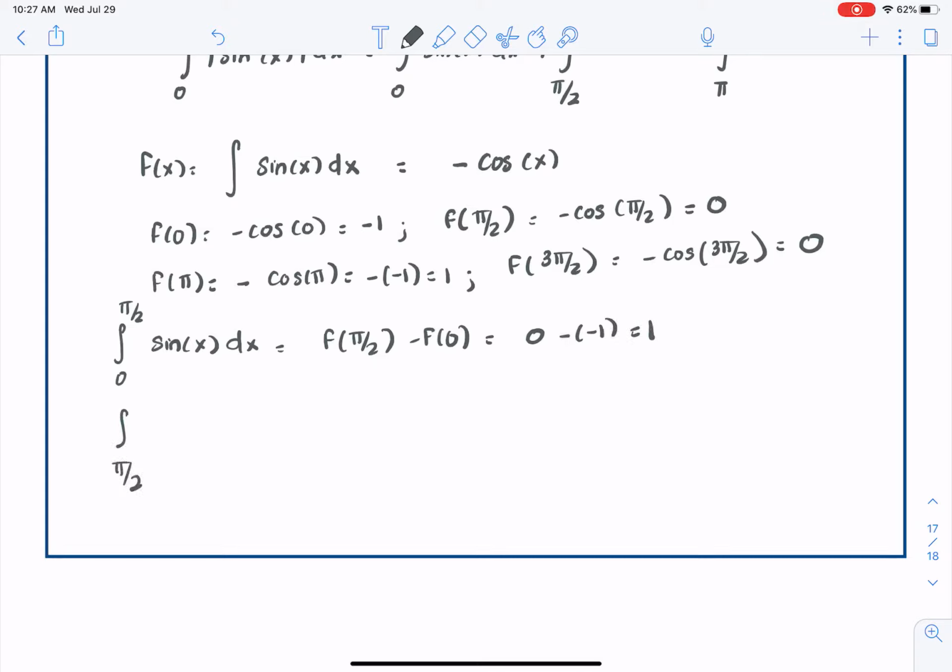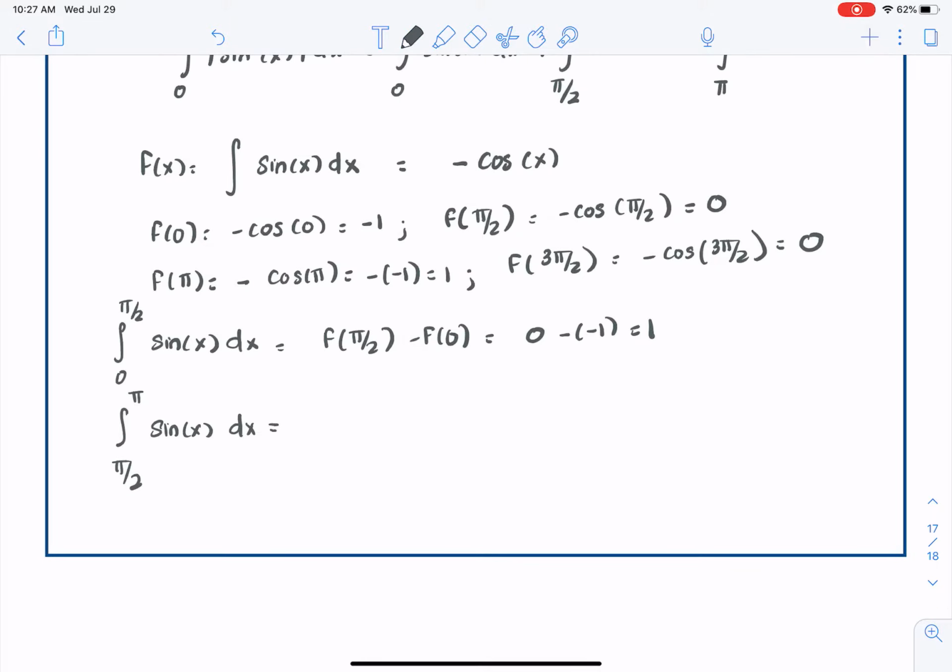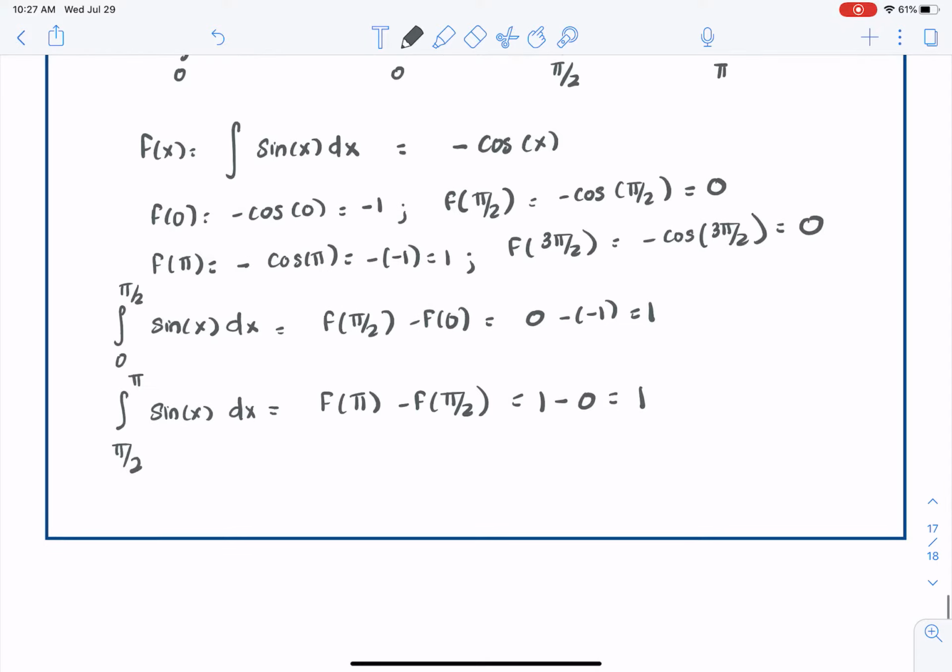The integral from pi over 2 to pi of sine x dx is f of pi minus f of pi over 2, which is 1 minus 0, we get 1.